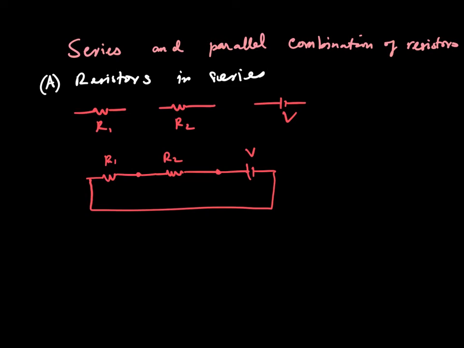Now here are the characteristics that make a series combination different from the parallel one. In a series combination, as you can see, starting from the positive terminal of the battery, we have a single conducting path. So number one, single conducting path.